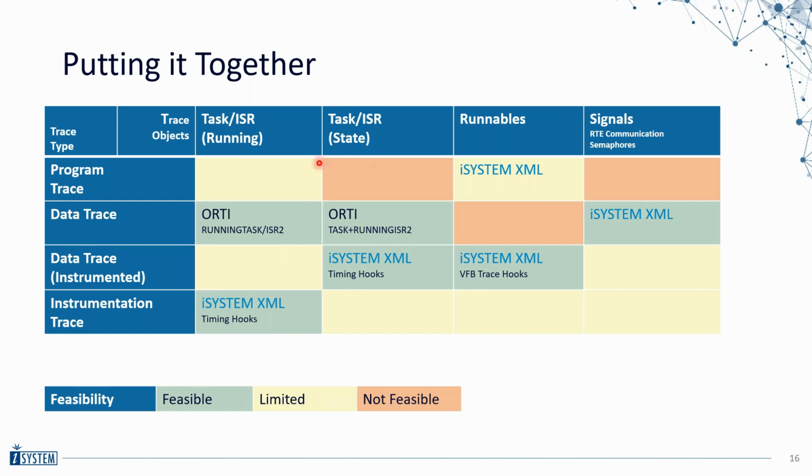I don't want to explain the full diagram in detail, but depending on the trace technique that you have available and depending on what you want to record, you can use different approaches via instrumentation. Sometimes the ORTI file is enough. Sometimes you need an iSystem Profiler XML file. So that's how it all comes together.